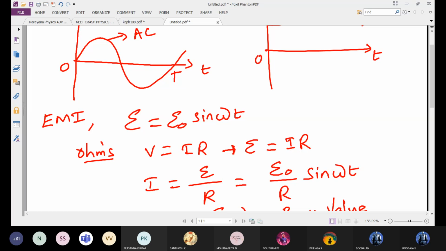In this sine wave, this is the maximum point, called the amplitude. Since it is current, it is the current amplitude.